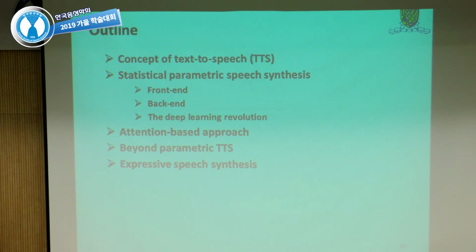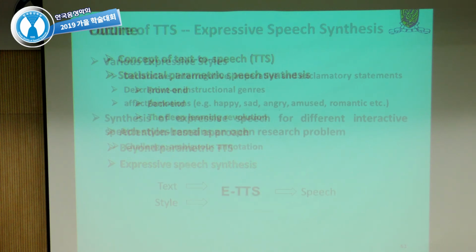Now text-to-speech is already a state-of-the-art system, and can already generate close to human quality of speech. What's the future? So maybe more research effort will be devoted to expressive speech. That means we would like to generate speech that is more animated, that fits different application scenarios.